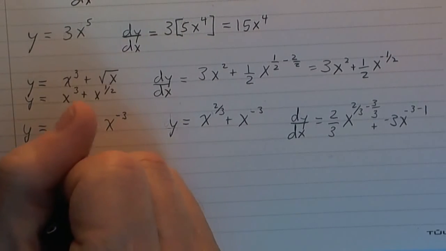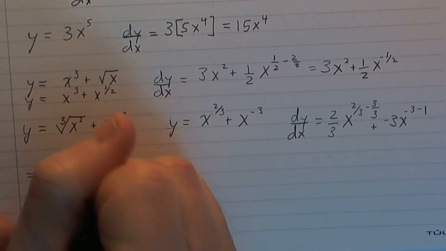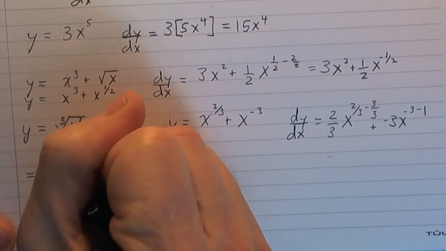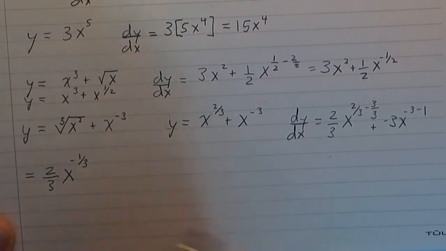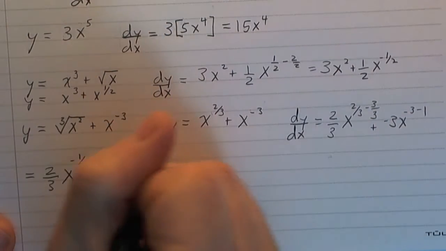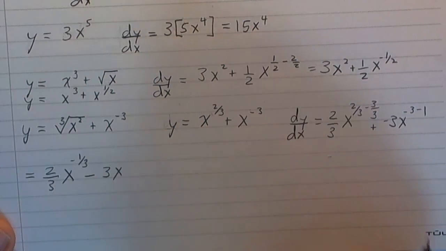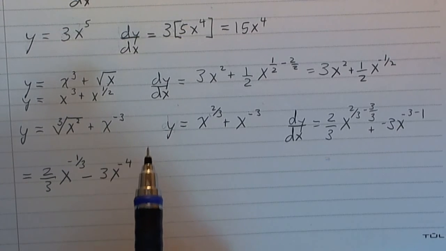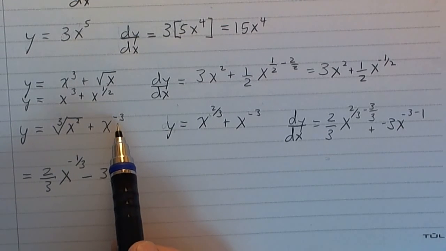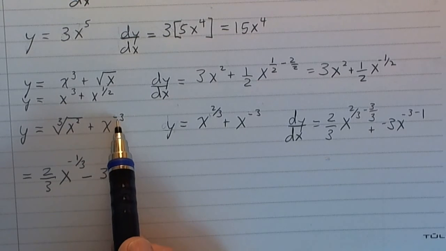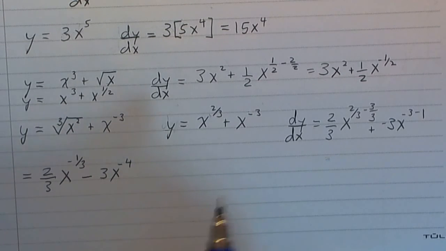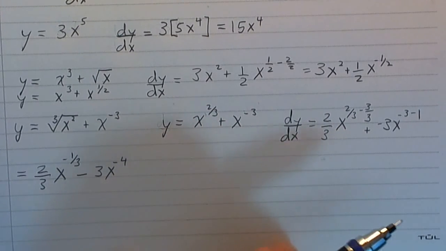We've got 2/3 x to the negative 1/3 minus 3x to the negative 4. Now remember to be careful when you're trying to differentiate with these negative exponents using the power rule, because the tendency would be to call that a negative 2. But no, a negative 3 minus 1 would be a negative 4. So you just have to really be careful there.